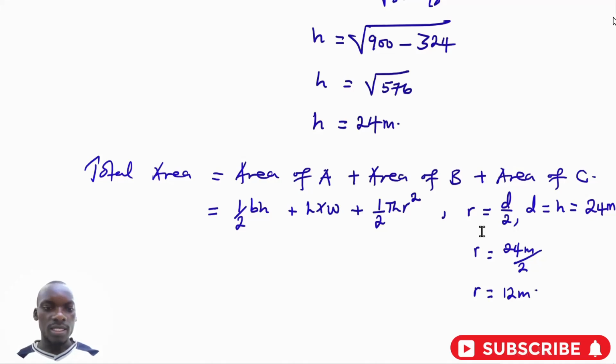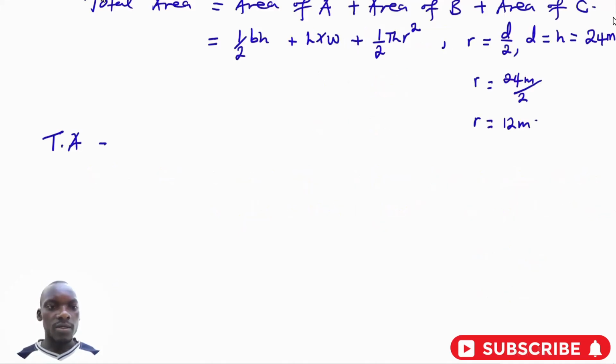So now we substitute. The area equals the half, our base is the 18, which is the value of A, multiplied by our height, which is 24. Then plus, for the rectangle, our length is 24 multiplied by our width, which is 16.